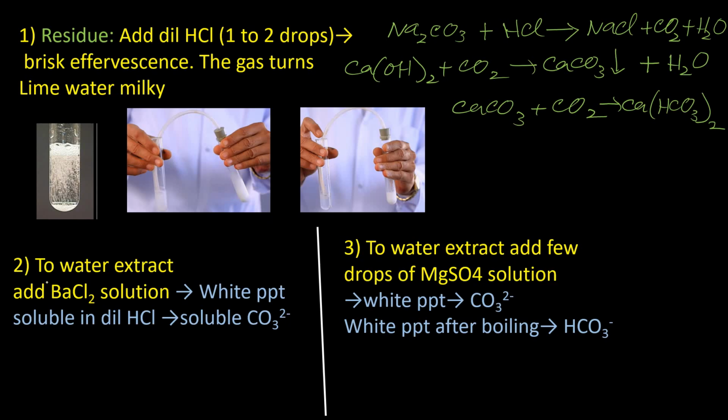Now coming to the next test. To the water extract, add barium chloride solution. White precipitate soluble in dilute hydrochloric acid indicates soluble carbonate. So same thing, you are taking this water extract, say I am taking sodium carbonate plus barium chloride solution.